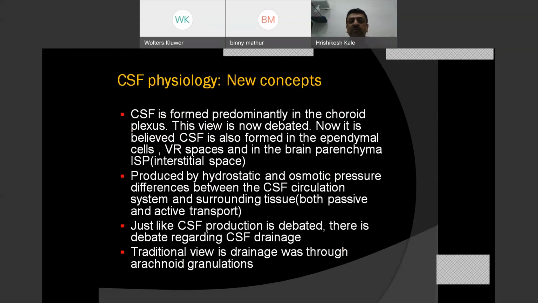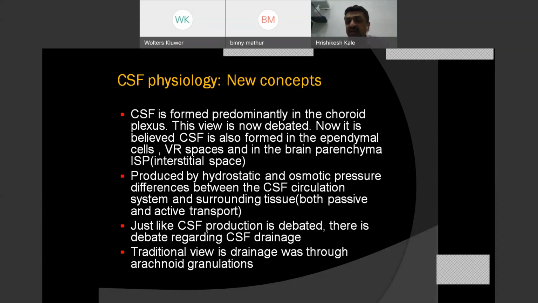Now it is believed that the CSF is also formed in the ependymal cells, in the Virchow-Robin spaces, and in the interstitial space of the brain parenchyma. This occurs via both passive as well as active transport, and both contribute to the formation of CSF in these other areas.